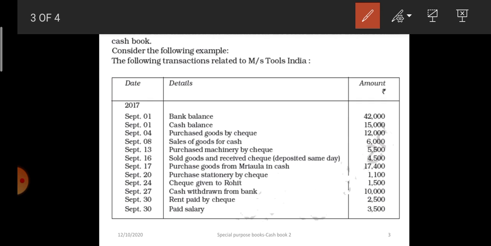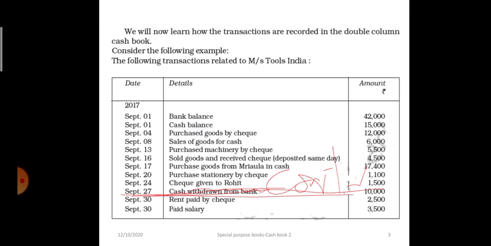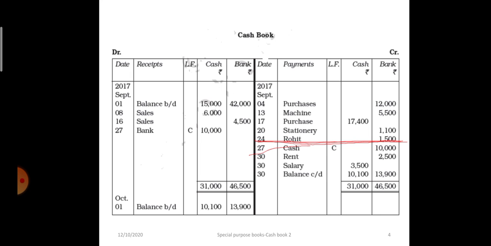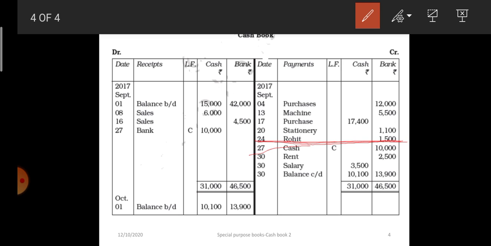Next transaction, September 27th, cash withdrawn from bank. Now this is a contra entry. Cash is withdrawn from bank, so cash is coming in, and the cash column will be debited. On the debit side of the cash column we write the amount, To Bank.